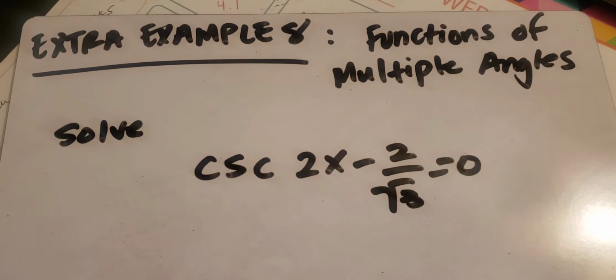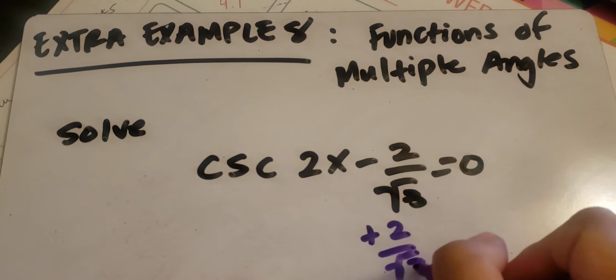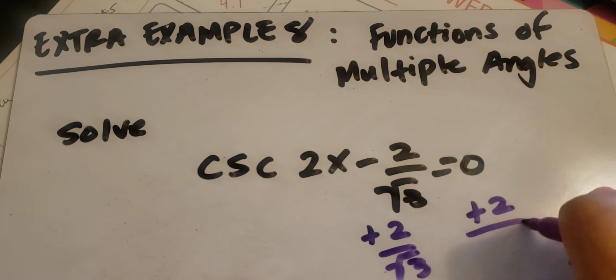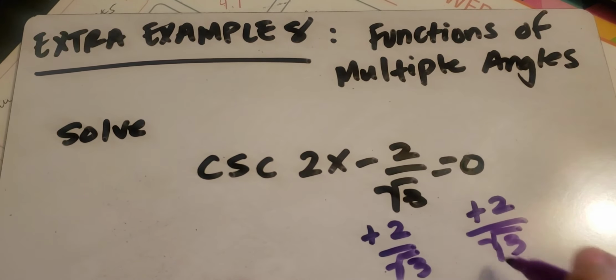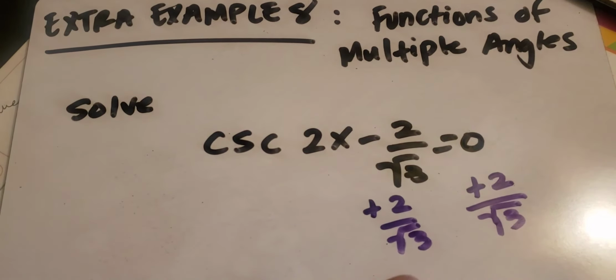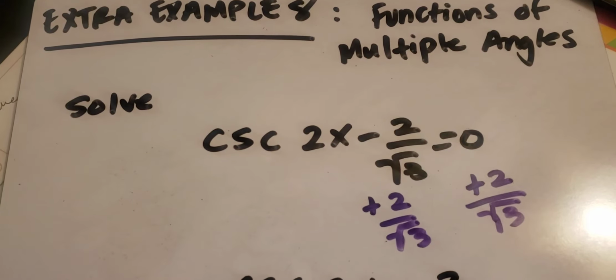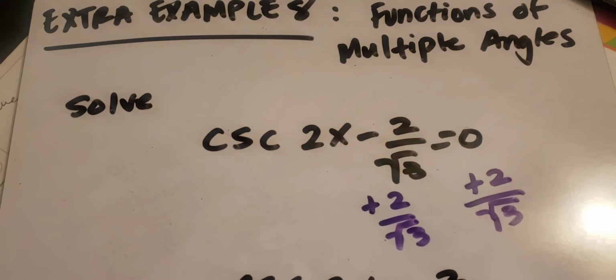So the first thing we have to do is add 2 radical 3 to both sides. Again, just treat it like you normally would, as you've been solving. So now we have cosecant 2x equals 2 radical 3, okay?